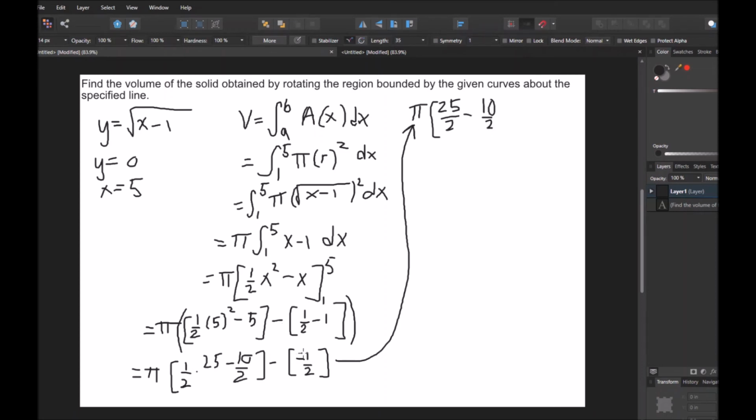And then this minus and negative is just going to make a plus. So we're just going to be left with plus 1/2. So then, if we simplify this, 25 minus 10 is 15 over 2, 15 over 2 plus 1/2.